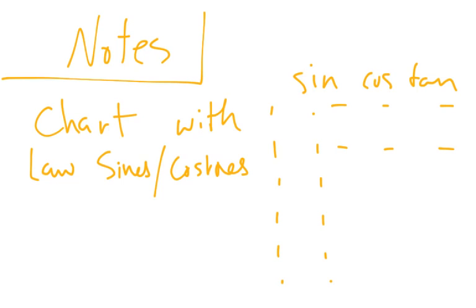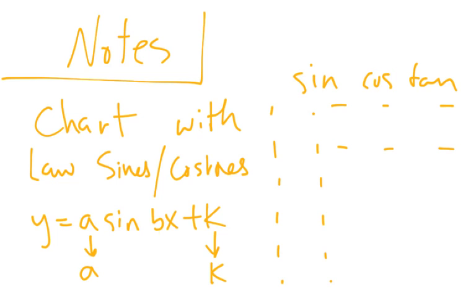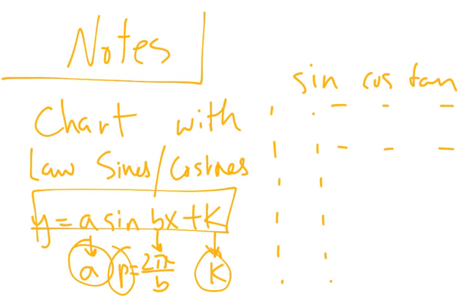You need the information about y equals, well, that was a horrible y, y equals a sine of bx plus k, and understanding how to get the amplitude, the midline shift, vertical shift, and how we use that b to find the period. You need to be able to tell those from an equation, whether it's sine or cosine.